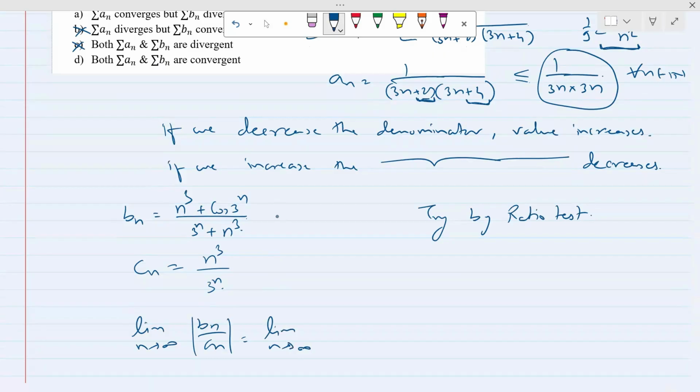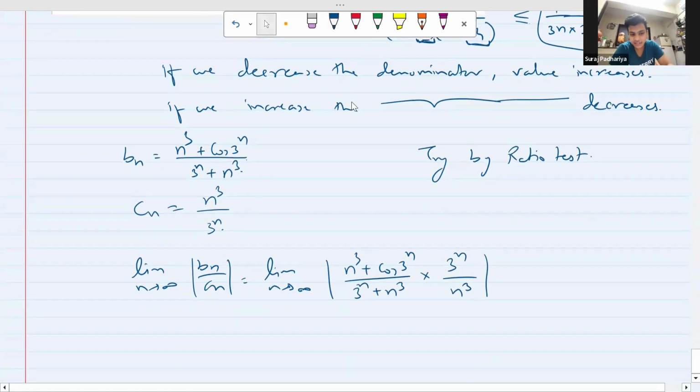Bn upon Cn. What is Bn? n cube plus cos 3 raised to n upon 3 raised to n plus n cube. Then you get 3 raised to n upon n cube. Sir, how did we choose this particular Cn?